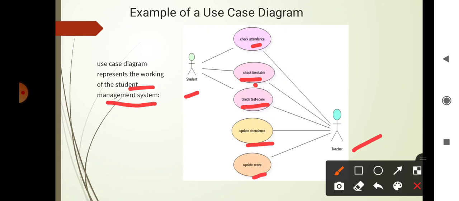Students have rights to check attendance, check timetable, and check test score, so the student is connected to those use cases. But teachers have rights to check attendance, check timetable, check test score, update attendance, and also update the score, so these are connected to the teacher. Students have no rights to update the attendance or the score, so those are not connected here.